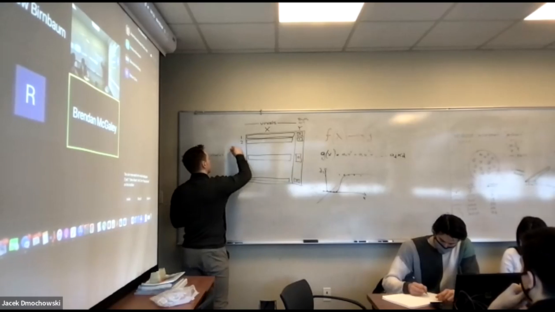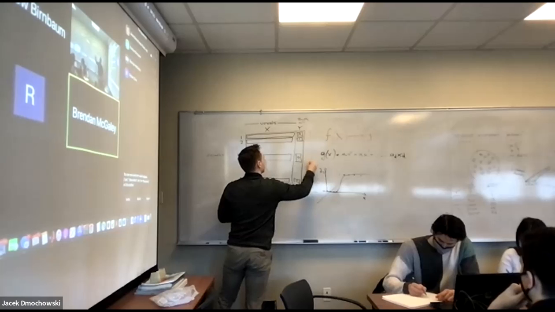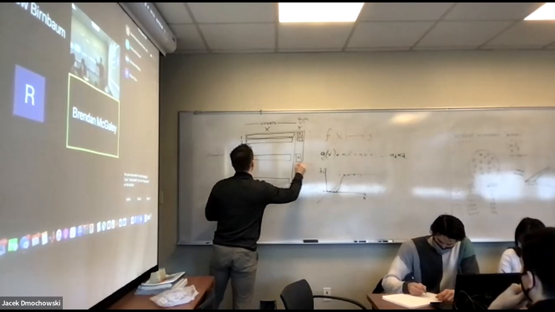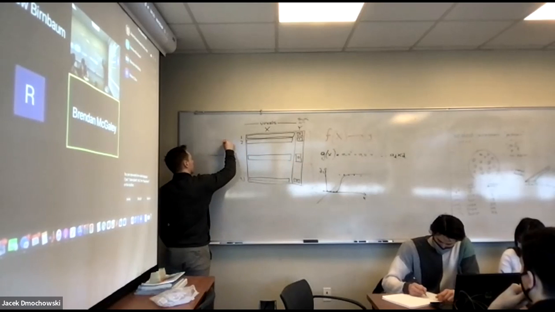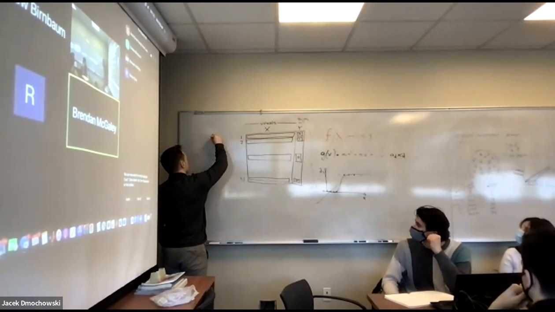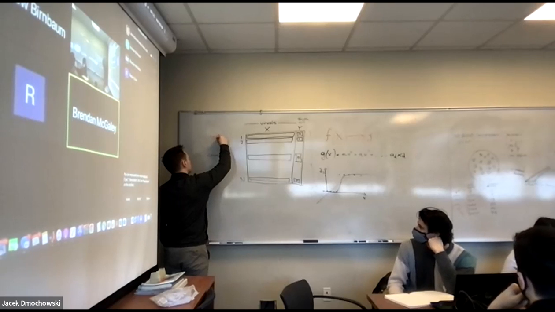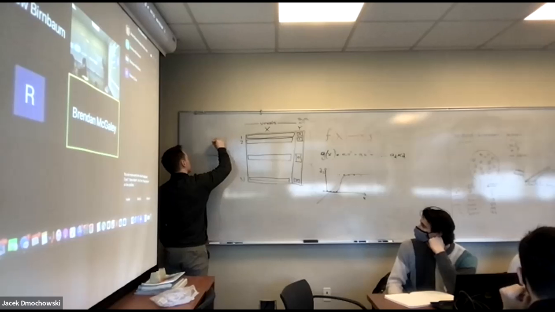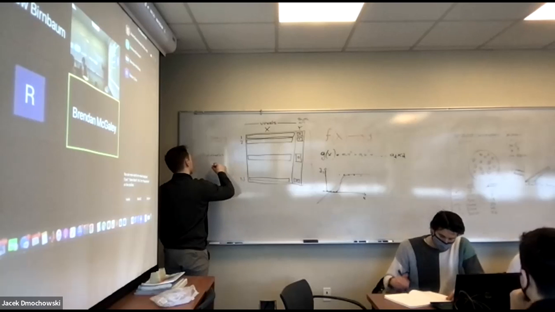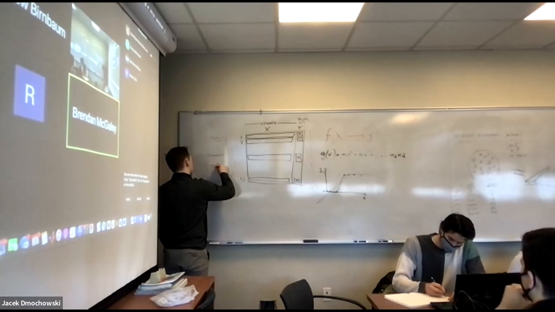A very standard partition is 2/3 and 1/3. The 2/3 is going to be called the training set, and the remaining third is called the test set.